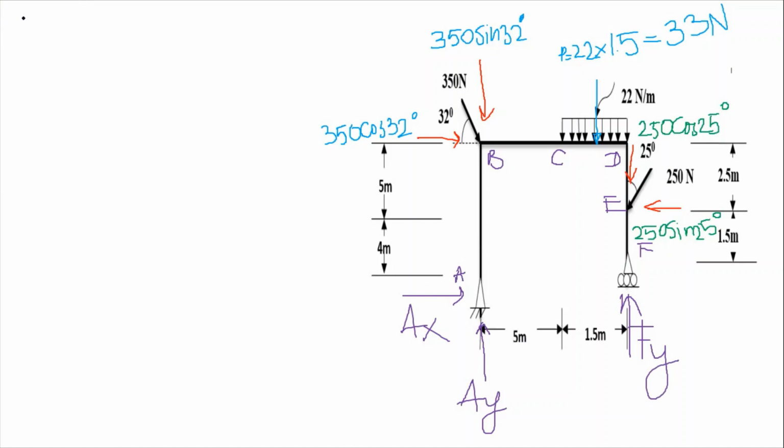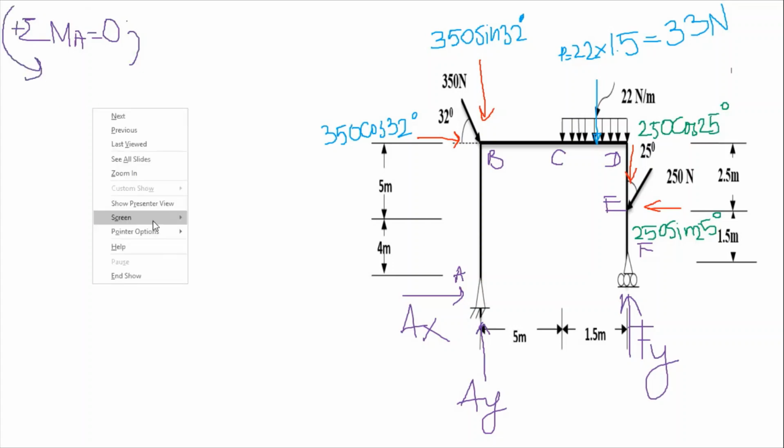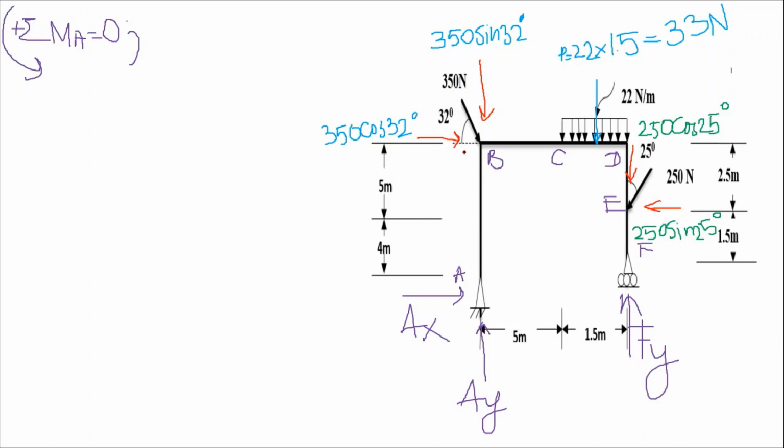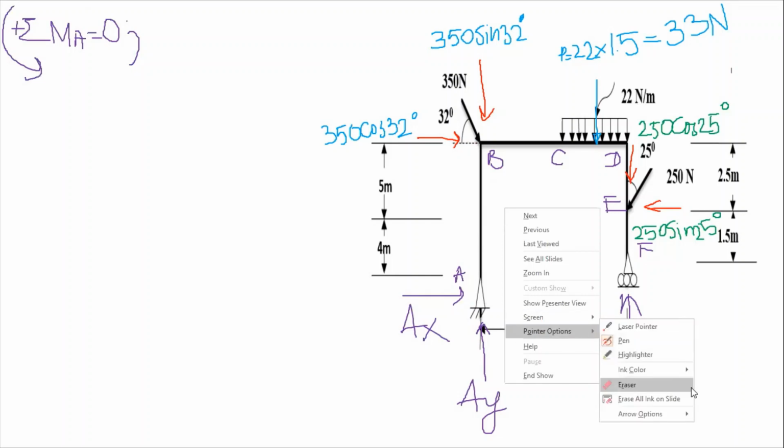So right now we are going to sum up moment at A. And how can we do that? This direction is positive. I am taking red pointer over here. The equation will be quite lengthy. First of all, we are going to discuss this force. When we rotate this force here, let me take another pointer color, orange.